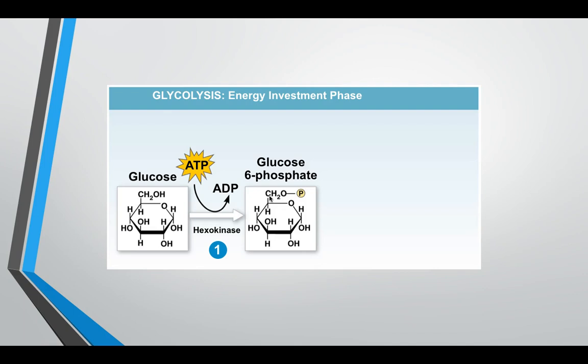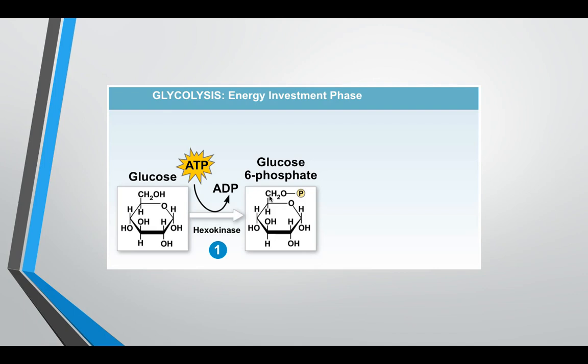Now, glucose 6-phosphate is going to be changed into an isomer. We know glucose has 2 other familiar isomers, fructose and galactose. Glucose is an aldose sugar, aldehyde, and fructose is a ketose sugar, ketone.